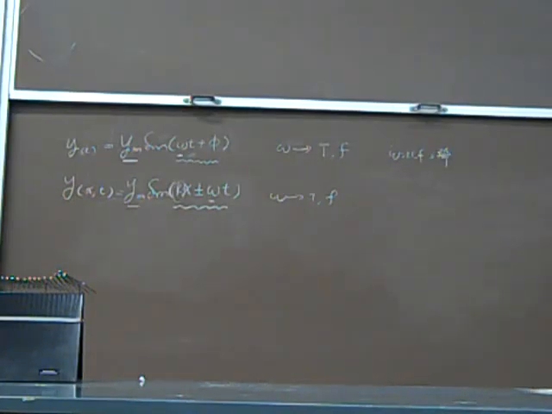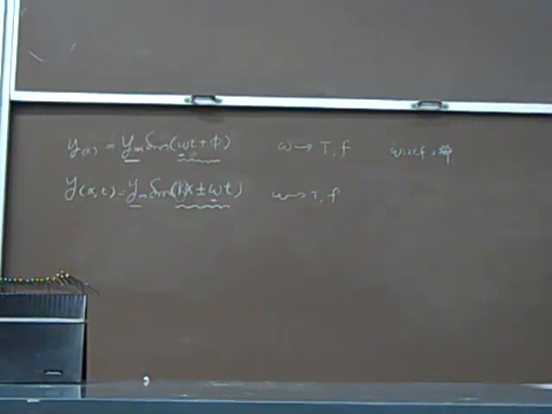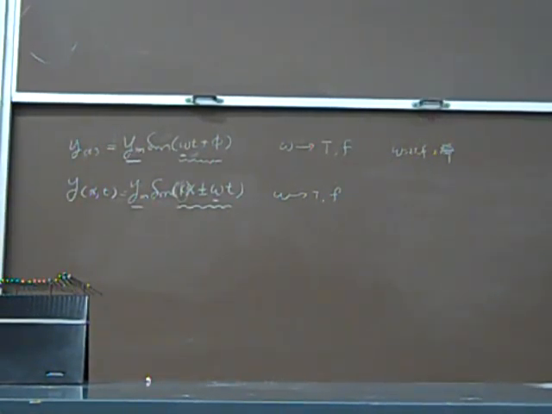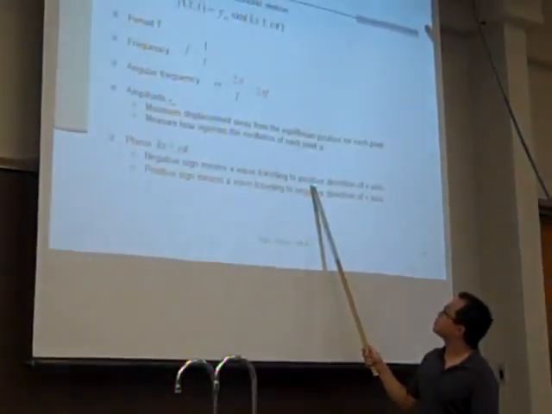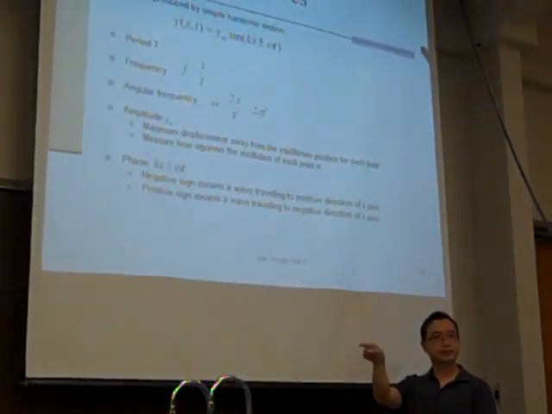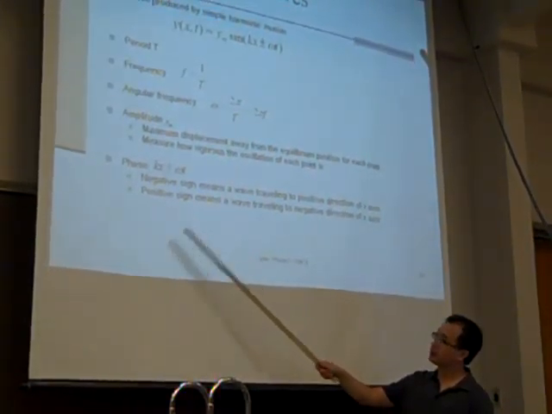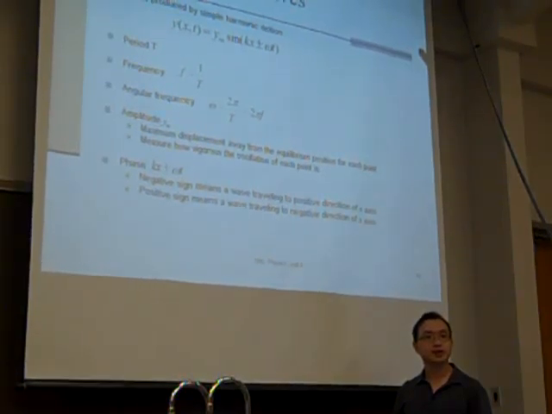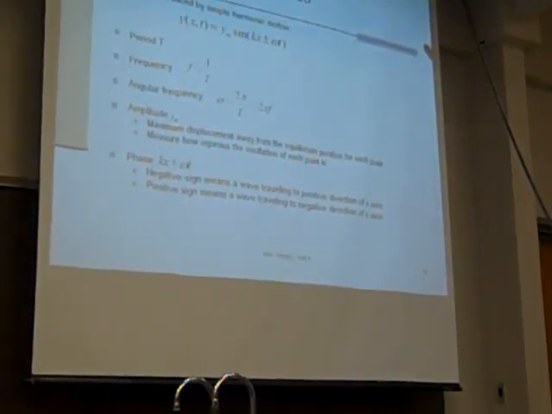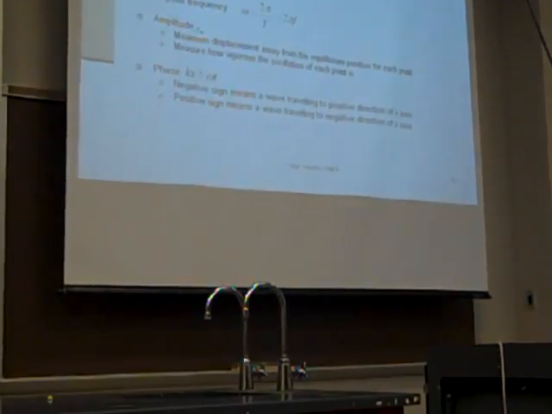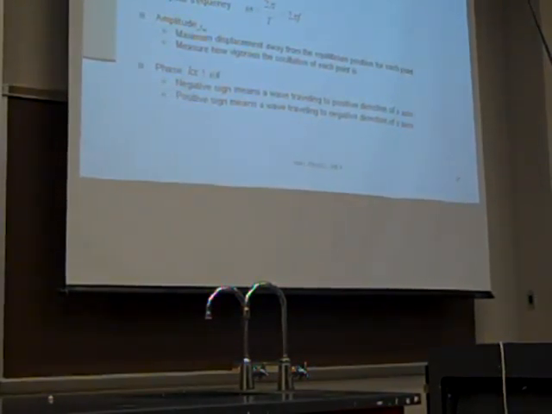And a positive sign means the wave is traveling in the negative direction. Please note that a negative sign here means a positive wave, and a positive sign here means a negative wave. That's something you need to understand. Any question here?